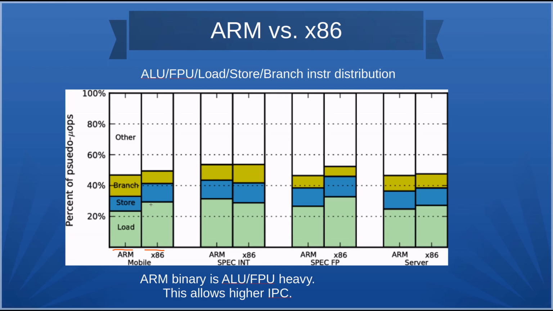But we can see here that, for example, in this mobile code, there is approximately 30, maybe 35% of load instructions and approximately 12% of store instructions. So in the typical code, you can see here the floating point in the SPEC benchmark has almost 50% distribution of the memory units. But you can see it's approximately 45% of the instructions are actually loads and stores.